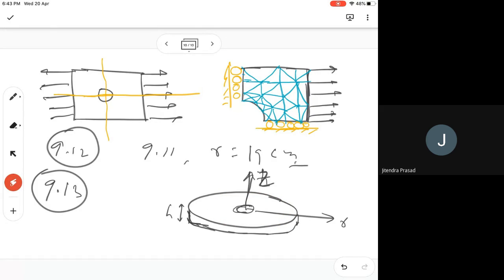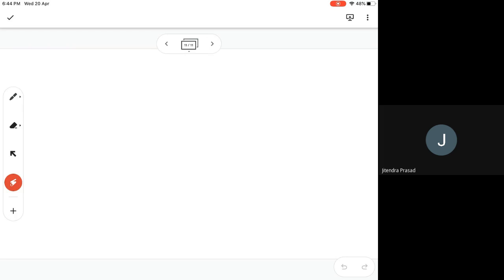Now what happens is it is possible that this problem is axisymmetric, meaning that regardless of where you are, you will have two kinds of, so what I mean to say is, okay, on the next page.